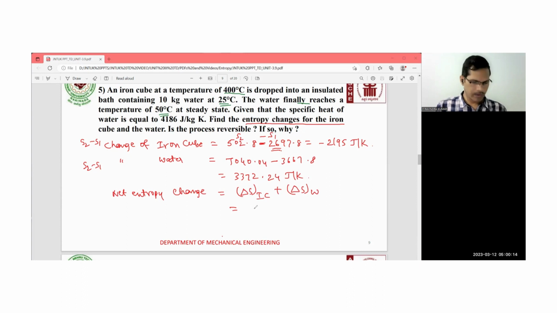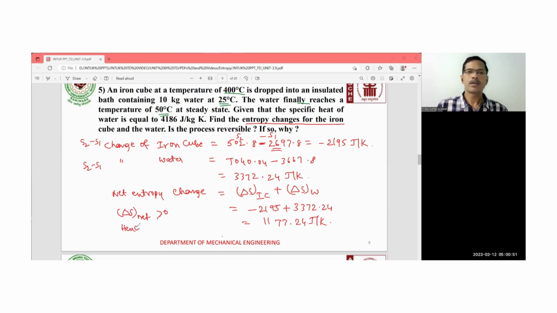So for the iron cube it is minus 2195, plus for water it is 3372.24. So finally it is 1177.24 joule per Kelvin. Then what this is going to indicate, that this net entropy change is greater than 0.